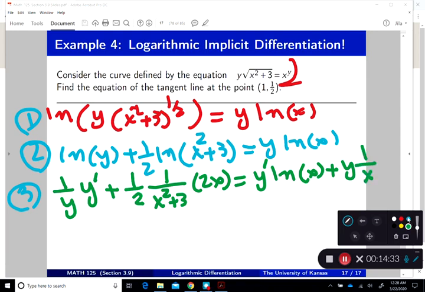Now, the next step is that I want to make sure I'm solving for y prime, right? So I have to put y prime on one side and everything else on the other side.